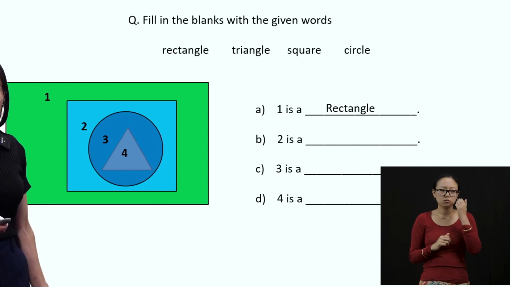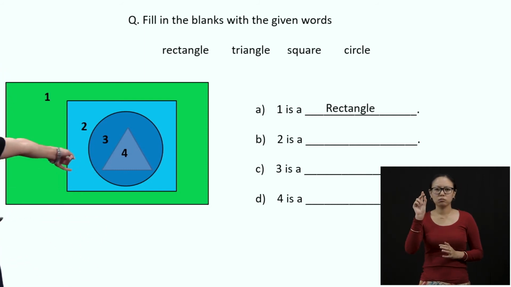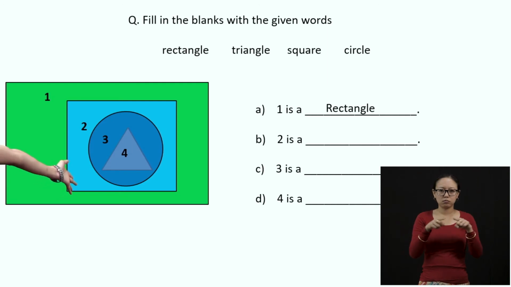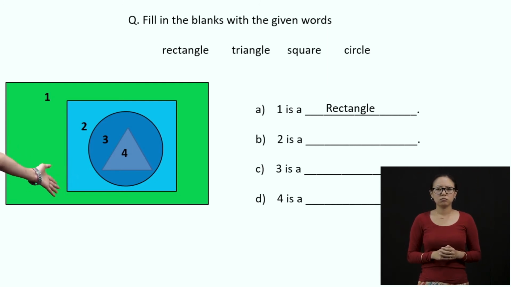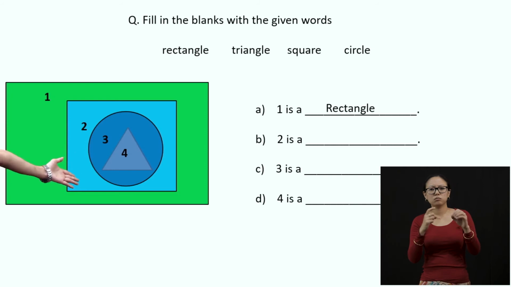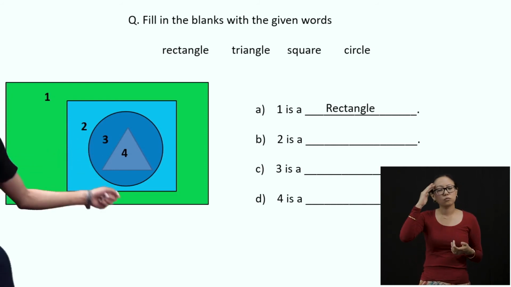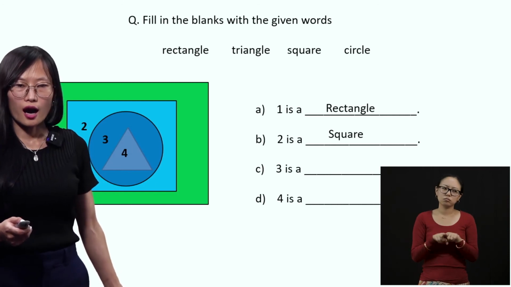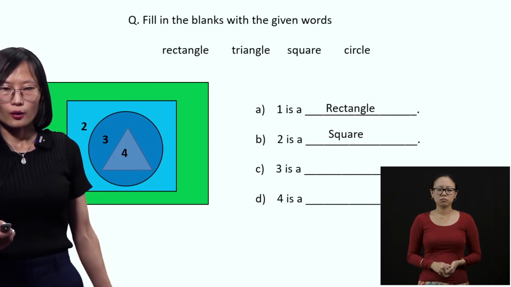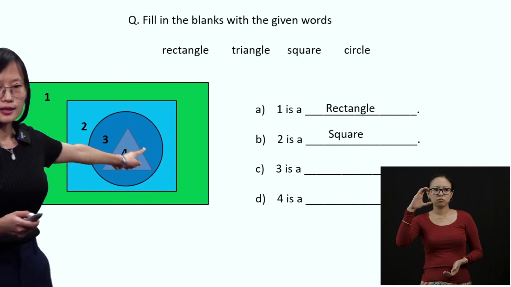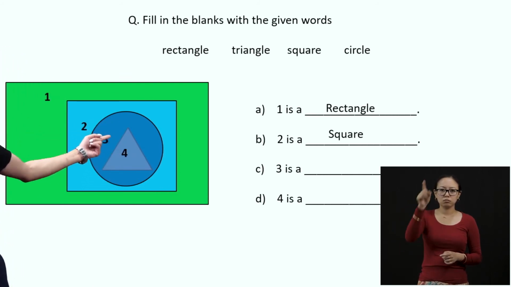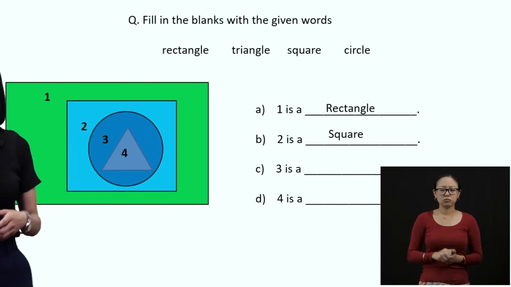Now we have the second one. If we look at the cyan color, this is a square. How do we know it is a square? Because all four sides are equal. So this is a square. S-Q-U-A-R-E, square. Now we have the circle. So this circle will fill in 3.